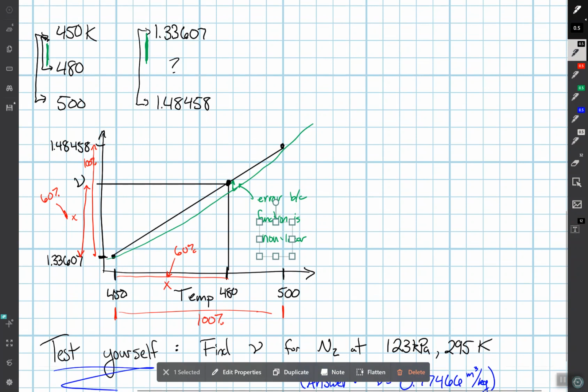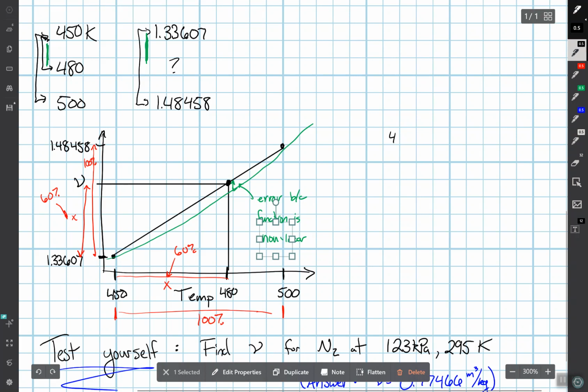But I typically break it up like this and say, first determine what this x value is. So we would go 450, or usually we do the larger numbers, it doesn't really matter.